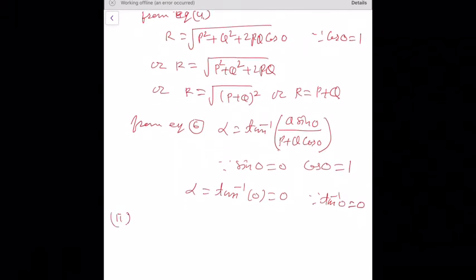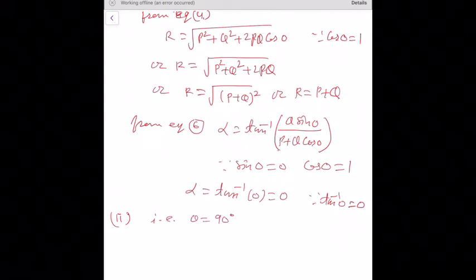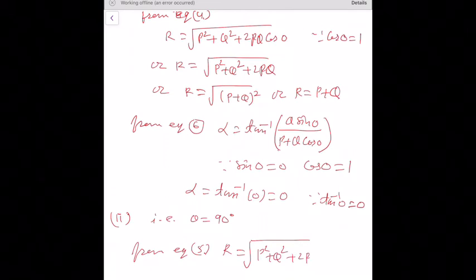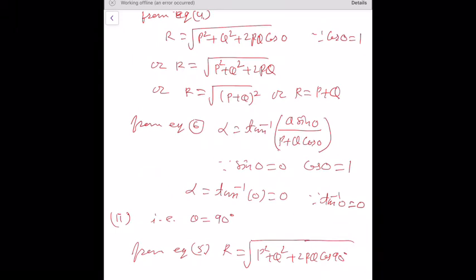Next, second case, when P and Q vector are perpendicular to each other, that is theta equal to 90 degree. From equation 5, R equal to P square plus Q square plus 2PQ cos 90 degree.